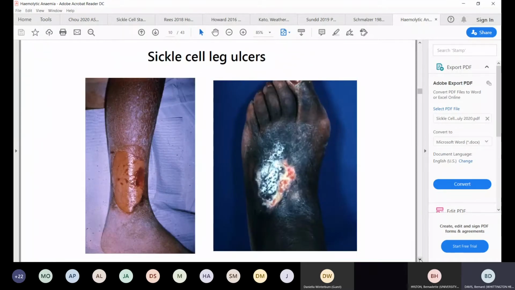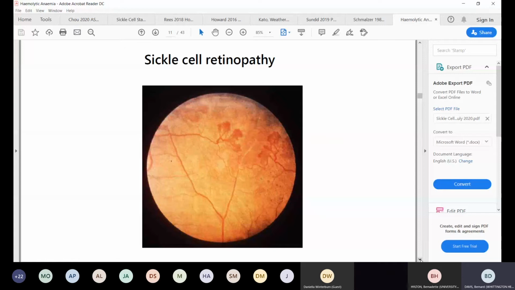Other complications include things like leg ulceration. Sickle cell leg ulcers are very, very difficult to treat. They cause agonizing pain. They tend to be very, very difficult to heal. And I've just put this in here to show you some of the difficulties that these patients can have.